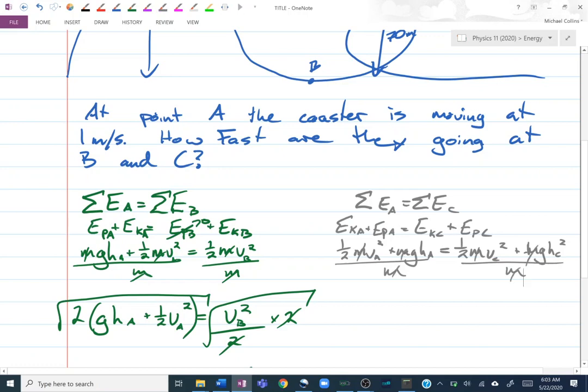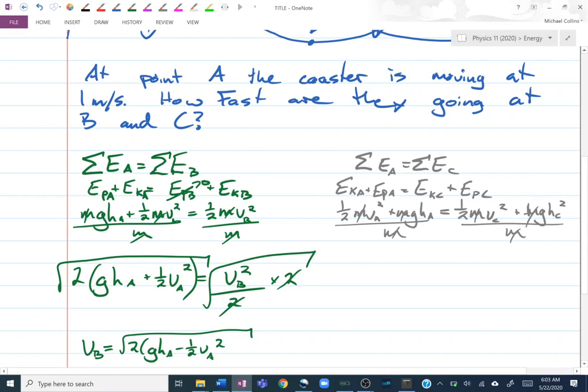It means that everybody's going to end up going around that loop-de-loop at the same speed, independent of who gets on the roller coaster. Half v_A squared plus g h_A is equal to a half v_C squared plus g h_C.